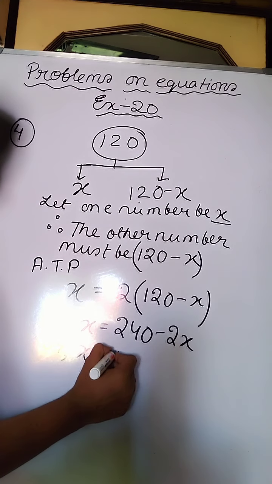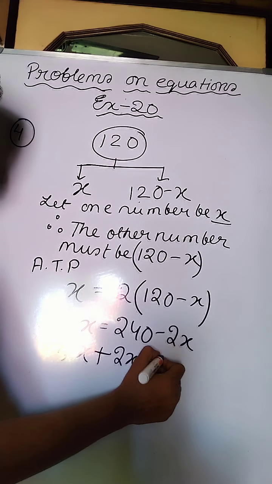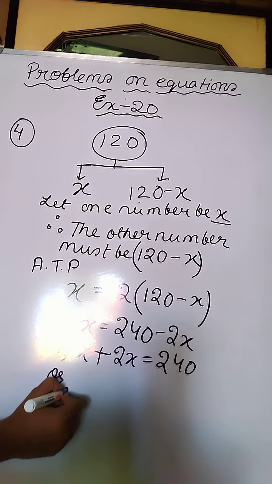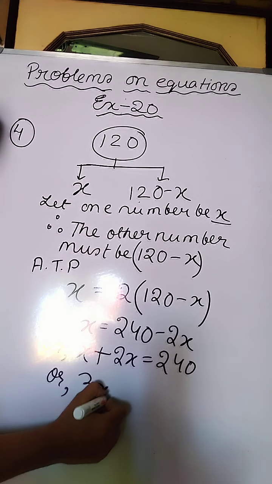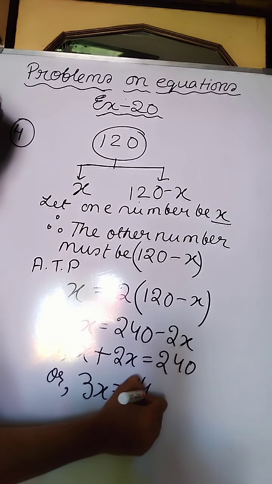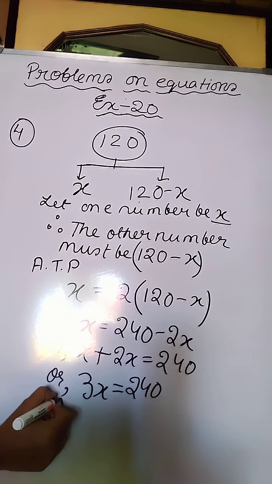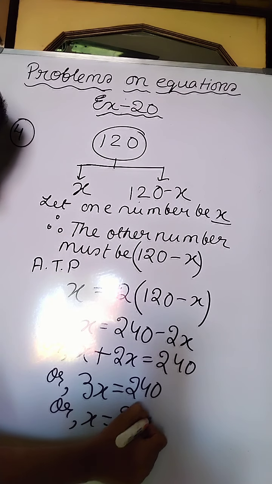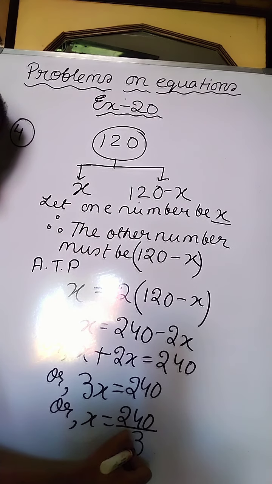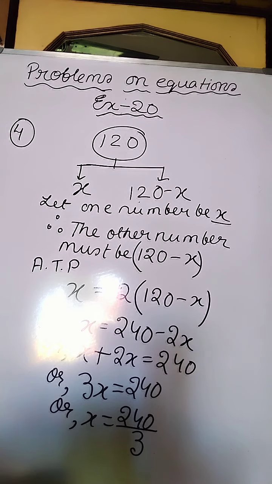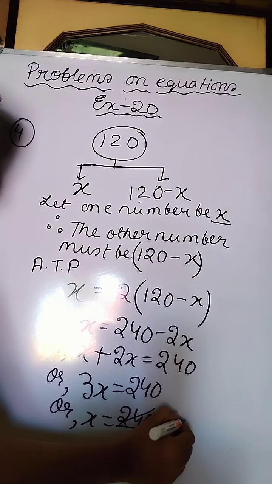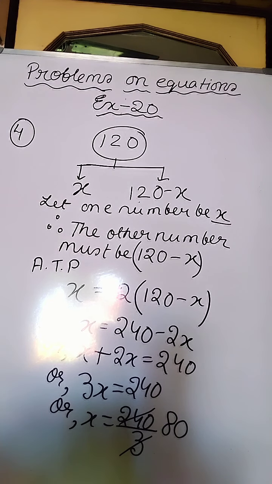The sign will change, minus 2x will become plus 2x, or 3x is equal to 240, or x is equal to 240 by 3. So x is 80.